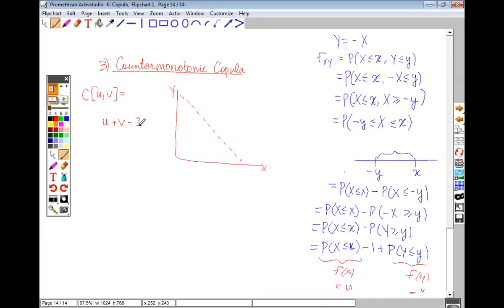That's it. But let us say my u has a value 0.2 and my v has a value 0.3, then what will be the value of my Copula? It will go negative, right? But we know that a Copula is just like a CDF, so it cannot take values below 0.